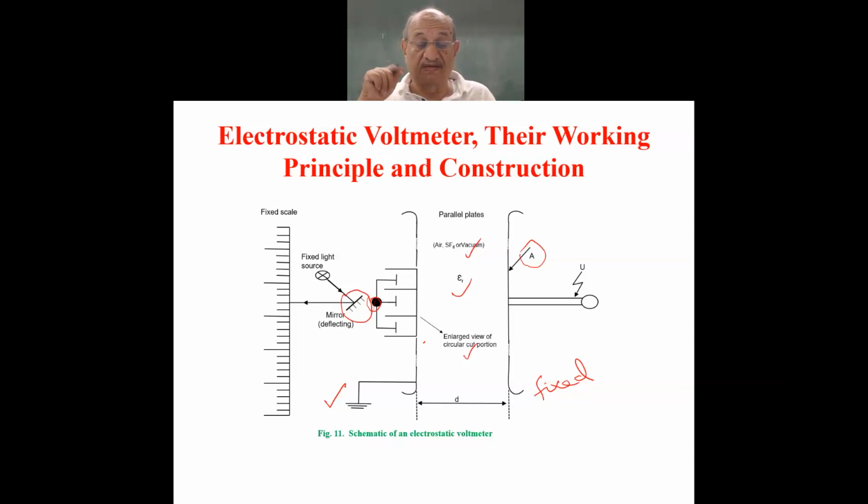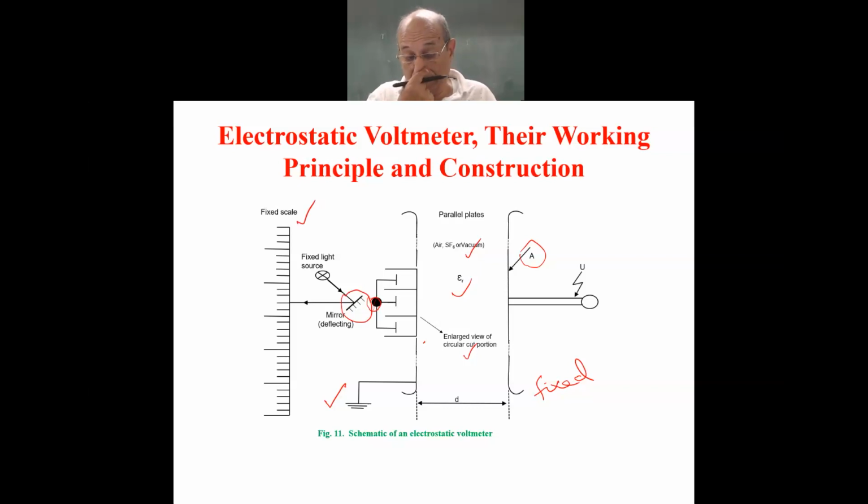It is reflected on the mirror, and because of the reflection, the reflected light wave falls on the fixed scale. That's on the leftmost side is the fixed scale.